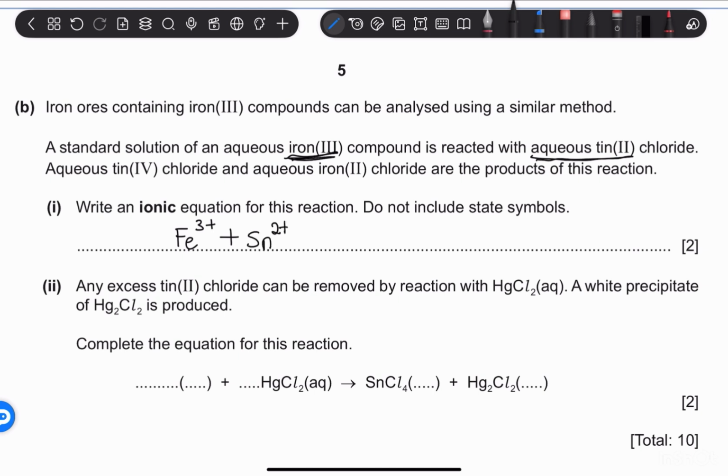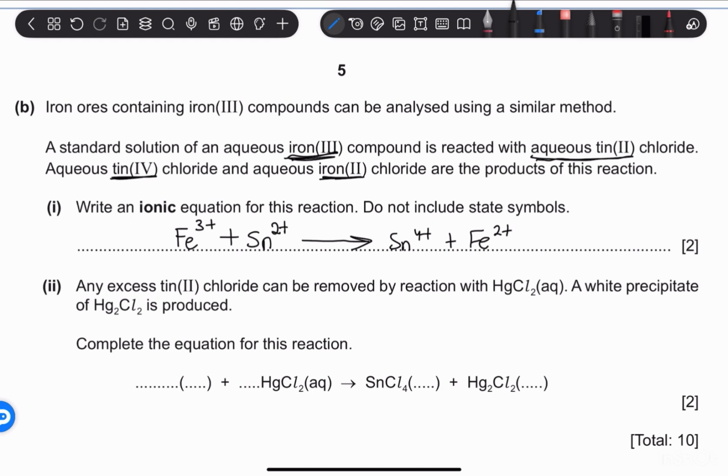And the products that we get are aqueous tin 4 chloride, so we have Sn4+, and then aqueous iron 2 chloride, so we have Fe2+. As you can see, the charges are not balanced.